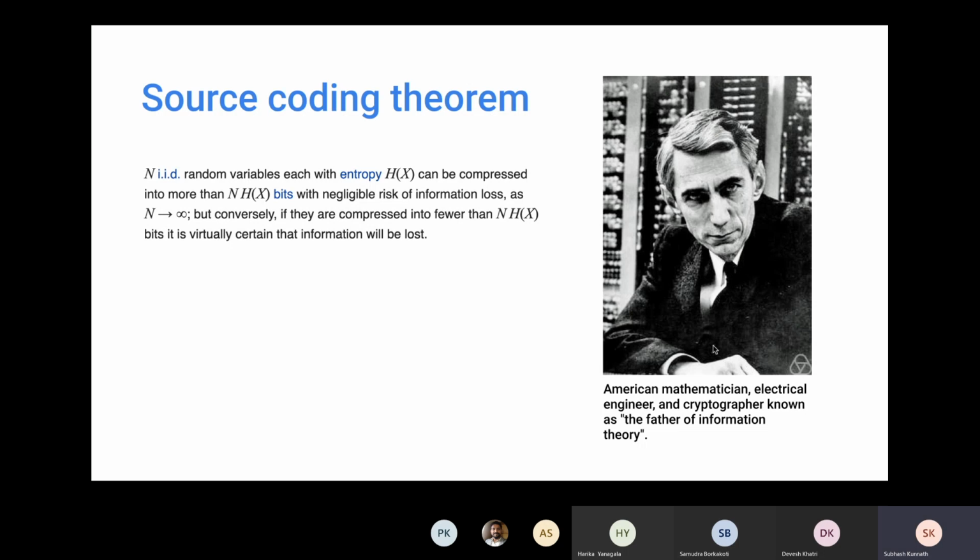Then you need 8 bits, so 2 raised to 8 is 256, and you can represent 256 gray shades. So this gives some idea about the theoretical limit of representing coded information using bits.